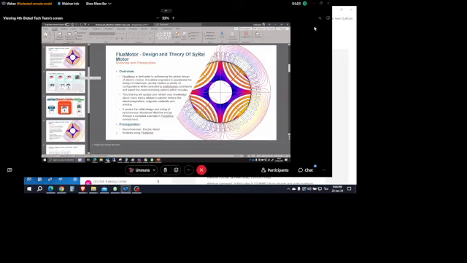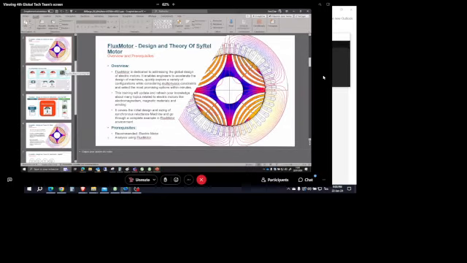Maybe you know them already, so we are going to remember them together, and then we will see the link between this theory and Flux Motor, and how to use Flux Motor, at the end of this session, to pre-design a synchronous reluctance machine.